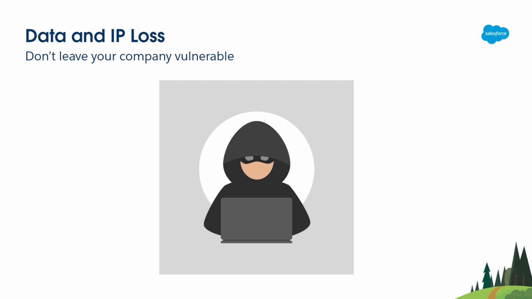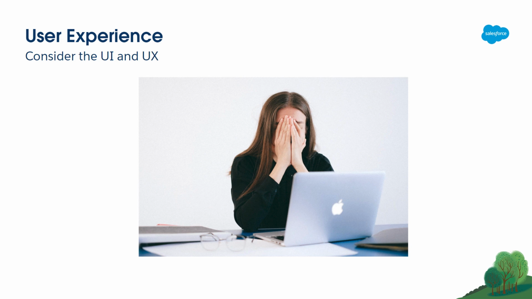So of course we have that to consider, but we also have our users to consider and their user experience. If we give every user access to every record and to every field, then one, their page layouts will be way too complex and they will end up scrolling for way too long to get to where they need to go.